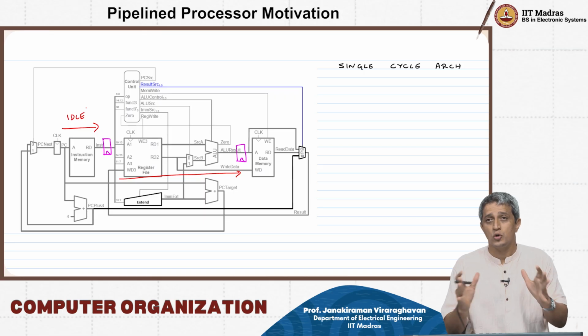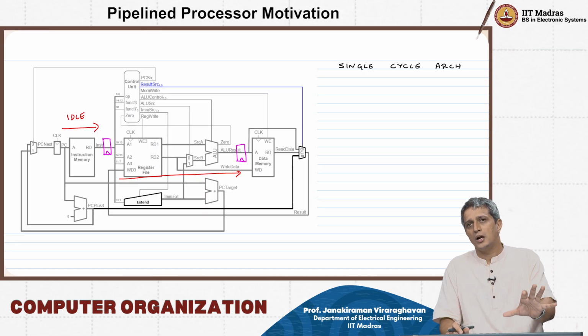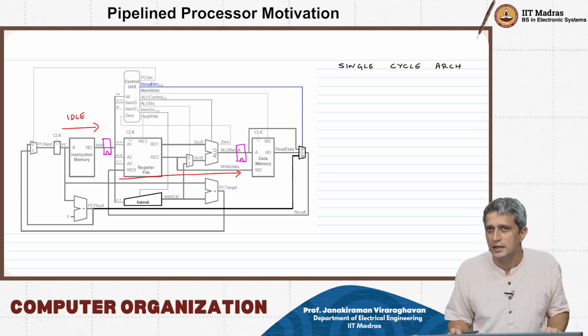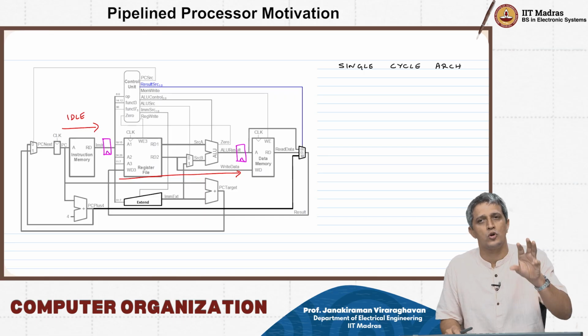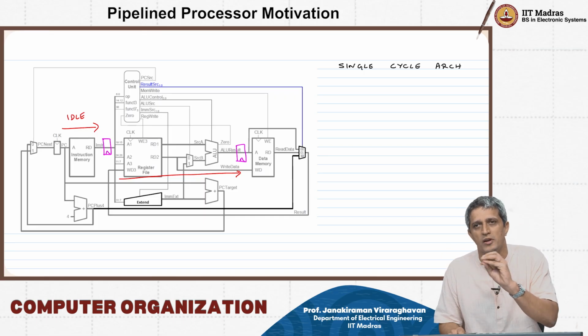Okay, these two happen in 2 different clock cycles, but yet that part of the hardware is remaining idle, and therefore any idle time is going to cost your program execution time eventually. The figure of merit of your microprocessor will drop because of this idle time.